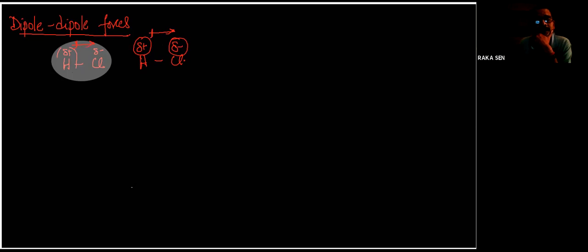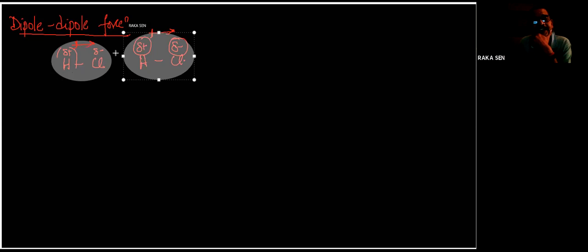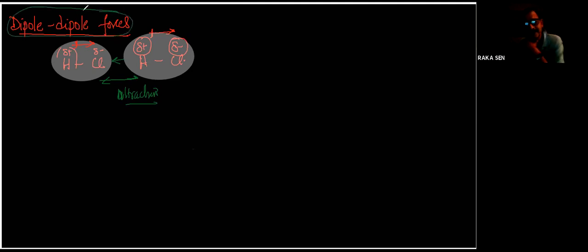I have a negative center and a positive center adjoining each other. So naturally there will be attraction. That means this molecule will try to come as close as possible to this molecule. This kind of interaction is called dipole-dipole interaction.